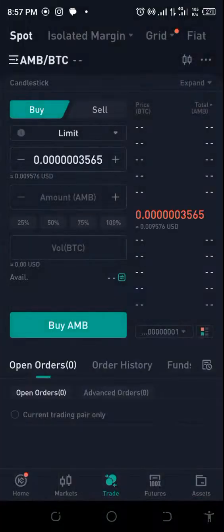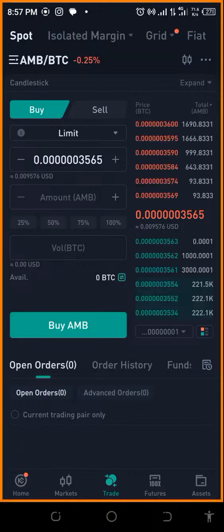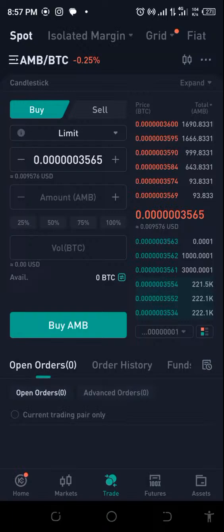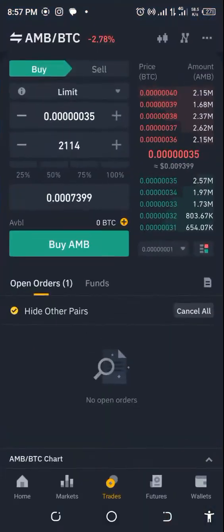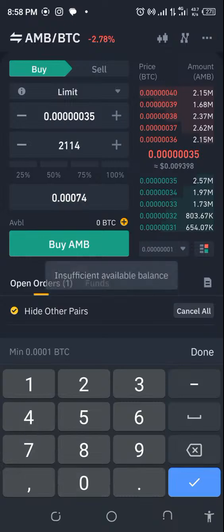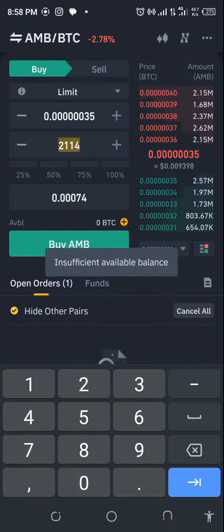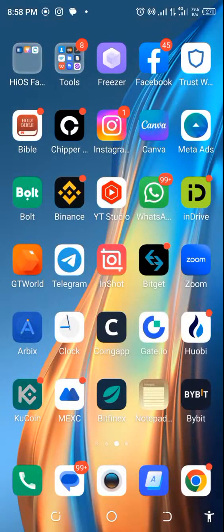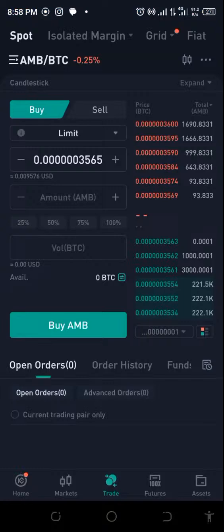What do we have here? 3565. I have to check this out one more time. I think what I did was 2114. I'm not sure. I think so. Let's put that here. 0.00074. 2114. Let's see. I know we're taking time, but if it's not going to work, there's no need going ahead.